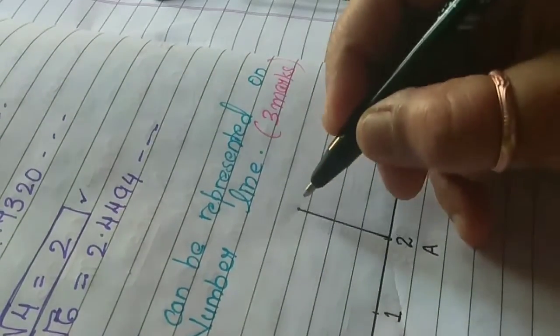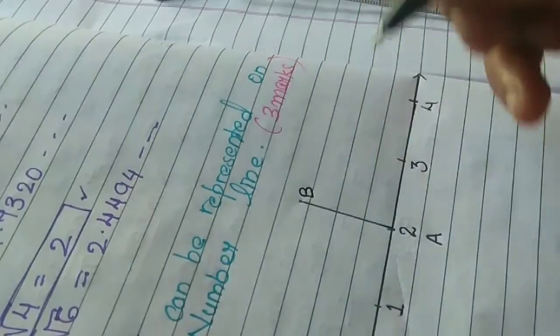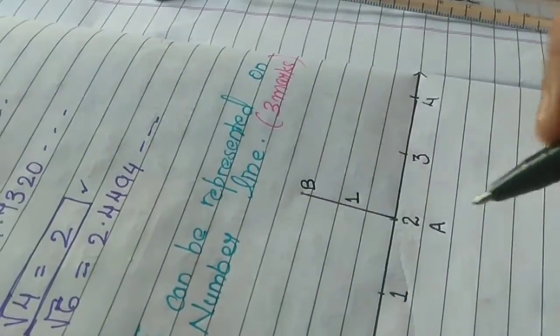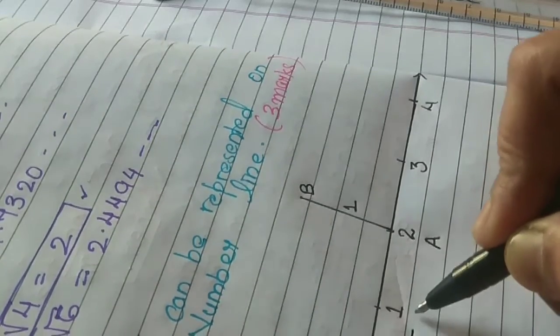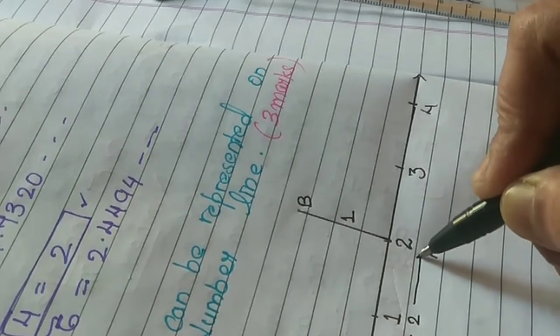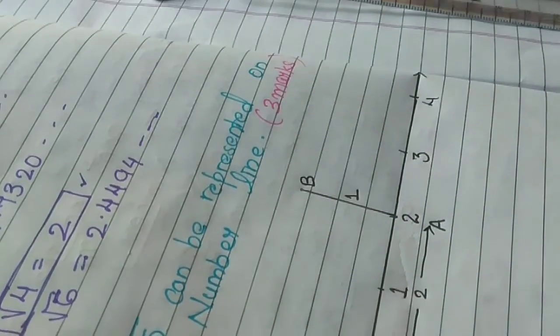So it is 90 degrees. So we will write here B. So it is 1, and from here to here it is 2 units. 2 units by 1 unit.